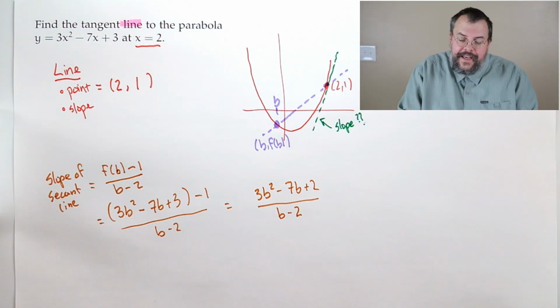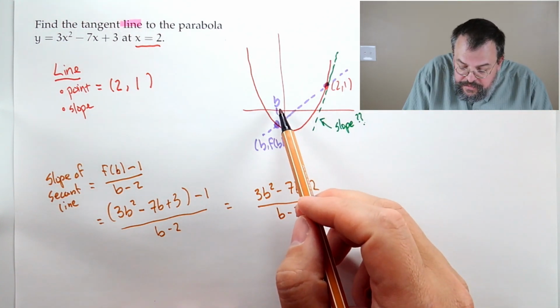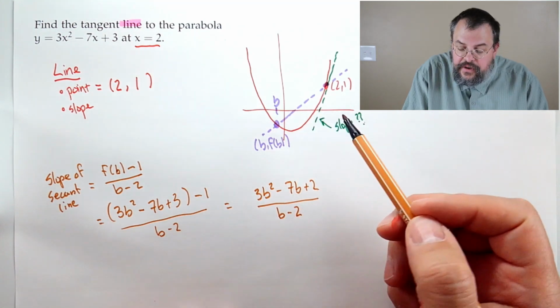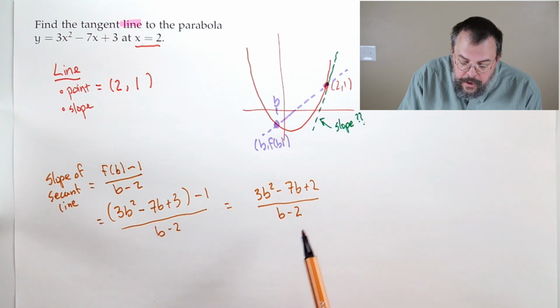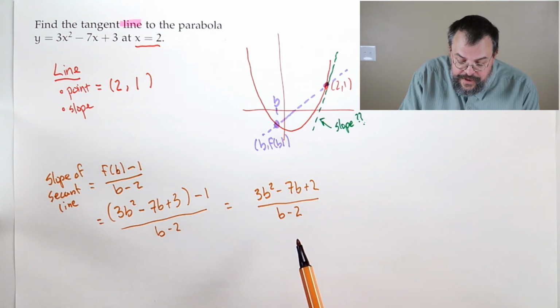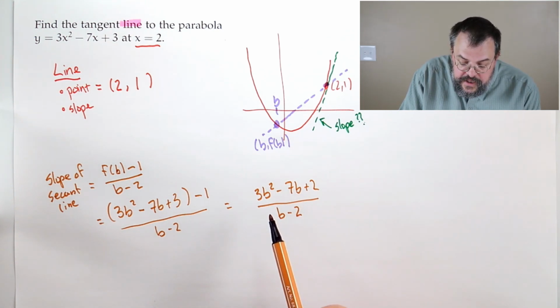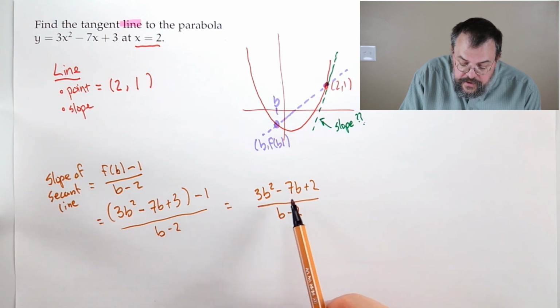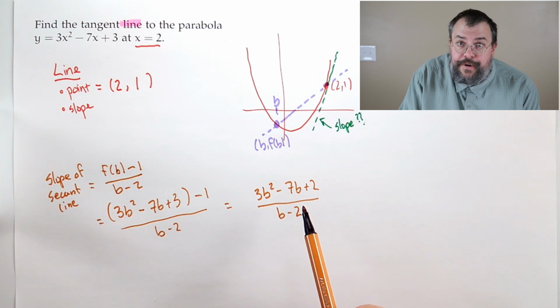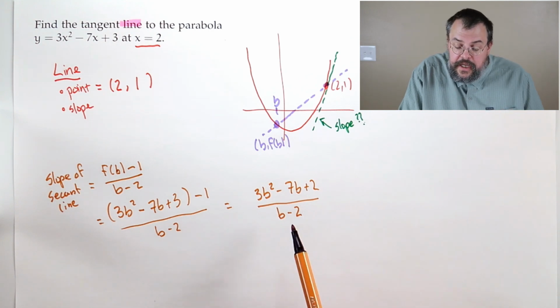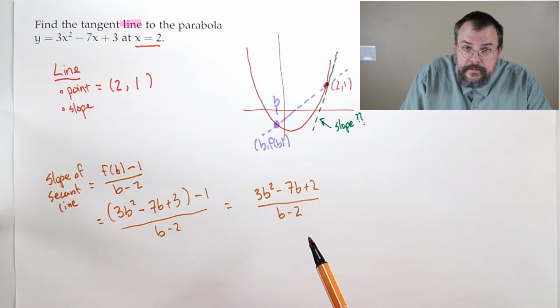Now we say, what we want to do is move b closer and closer to 2. Let's ask ourselves, what would happen if we plugged in b equals 2? Upstairs you'd get 12 minus 14 plus 2. That does not look very promising. Downstairs we'd get 2 minus 2.